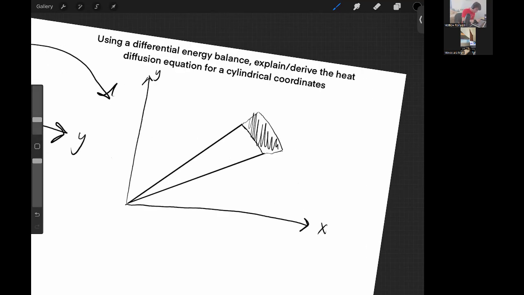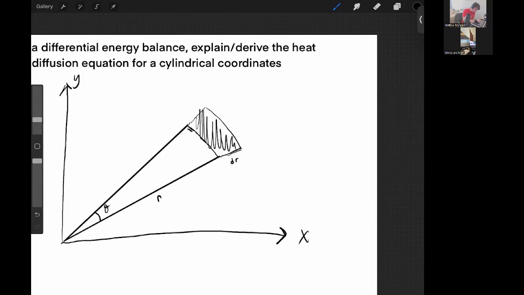So we have our radius and over in this change of area, we're going to have our change of radius, right? For our angle, we're going to call this delta, and we're going to call this side over here delta theta.